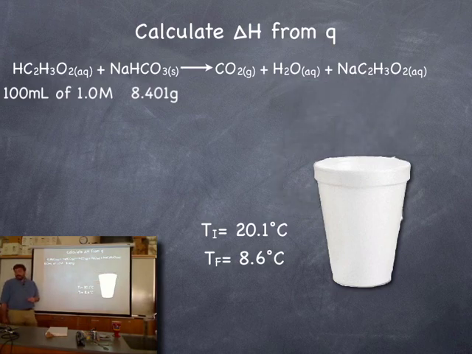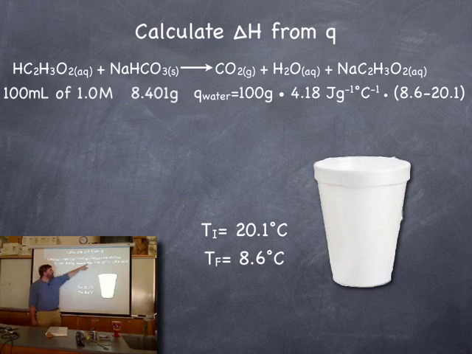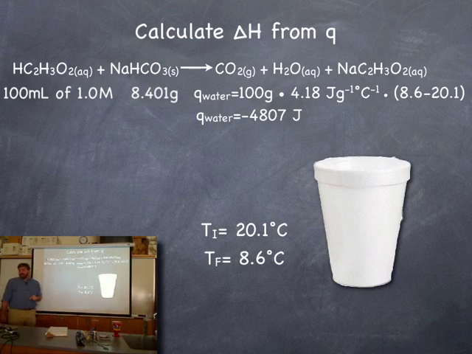So we can determine how much energy did the water lose. We know the grams of water. We're going to assume that the solution has a density of 1. So we have 100 grams of water, basically. We have the specific heat. We have the temperature change. We can calculate that the energy change for the water is negative 4,807.